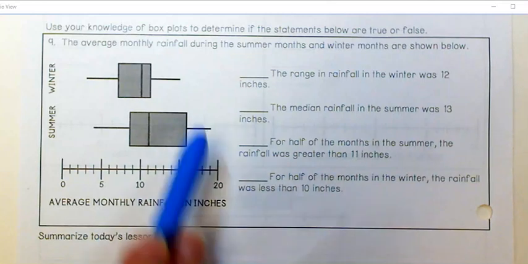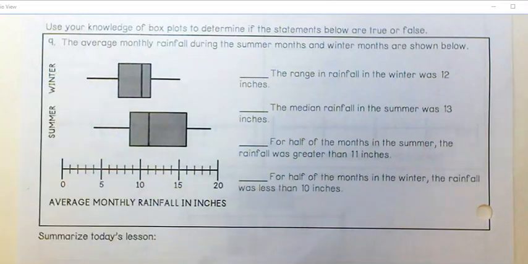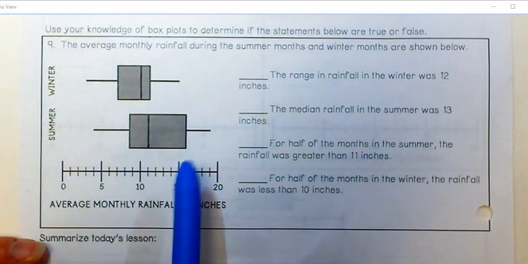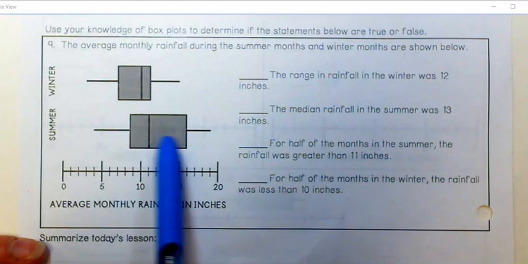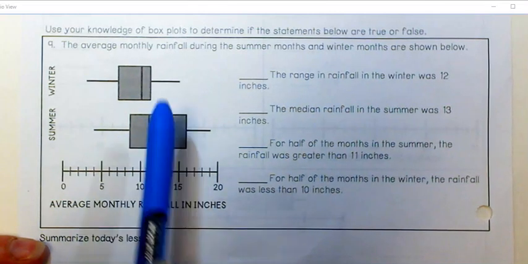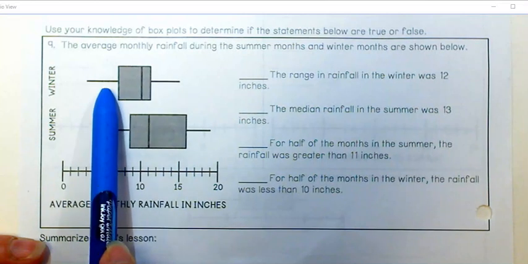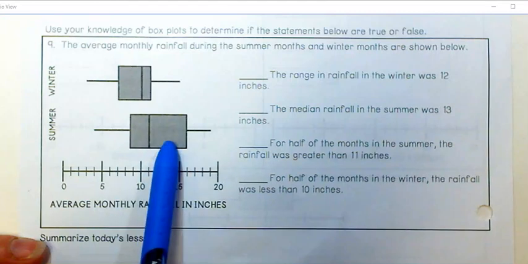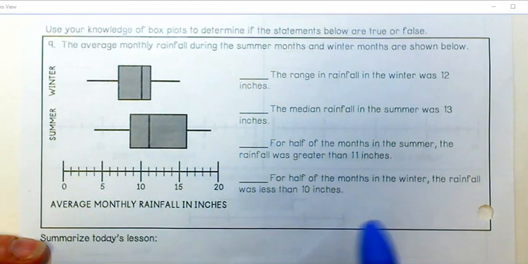I don't know what part of the world this is, but for whatever location this is, generally speaking, I can tell that they're going to get more rain in the summer than in the winter, because this box is further this way and the numbers are bigger.